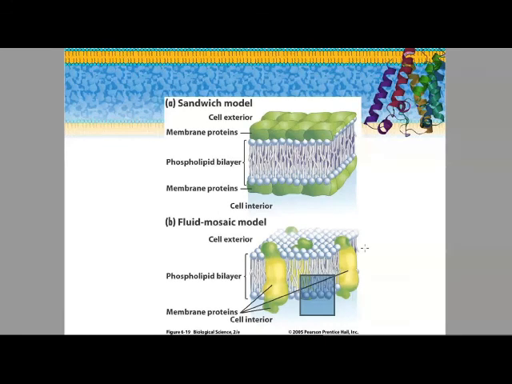And it's a mosaic because we can tell that the composition of the membrane is not homogeneous. It is not all the same throughout the structure of the membrane. That's why the inner portion or the outer portion of the membrane can be different.